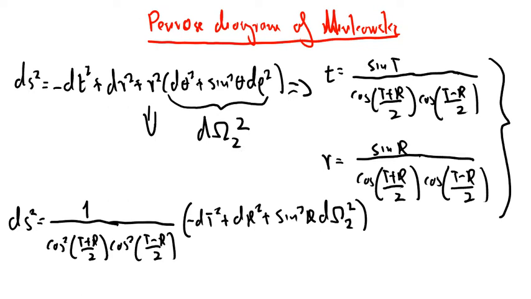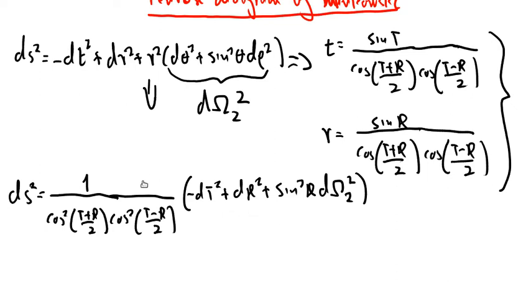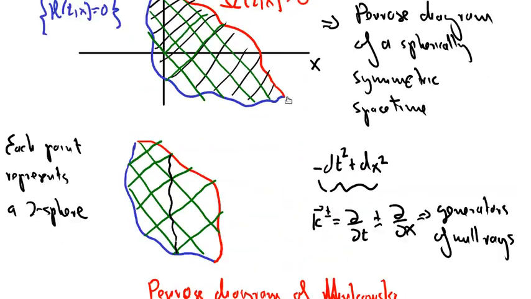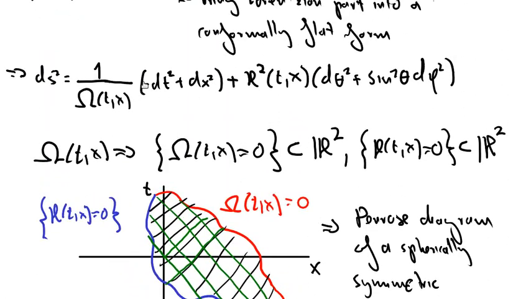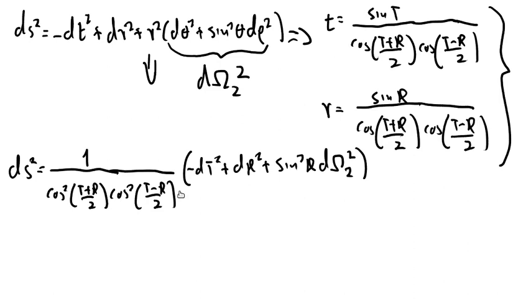It turns out that this expression of the metric is of this form. So we can use this expression to draw our Penrose diagram.